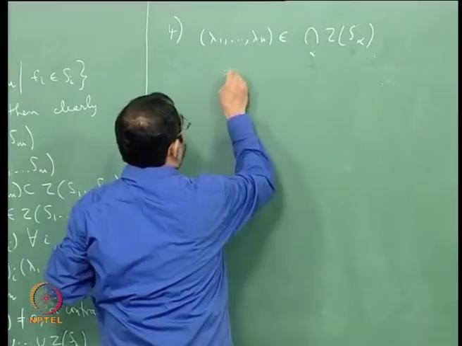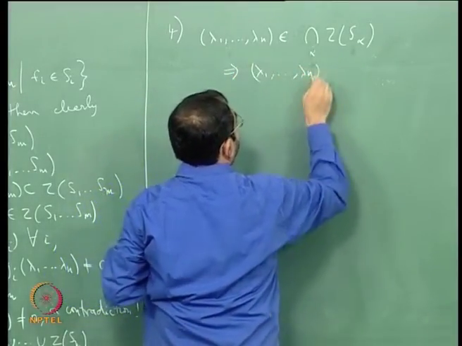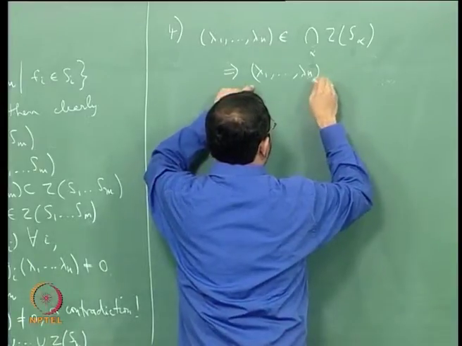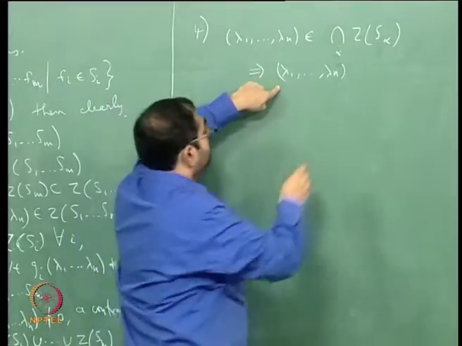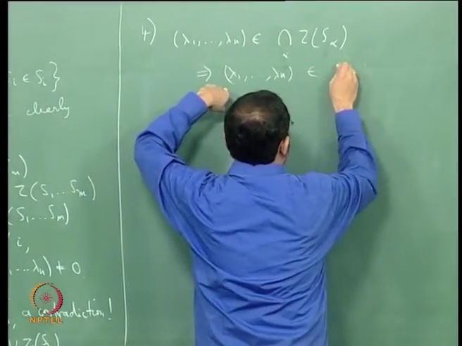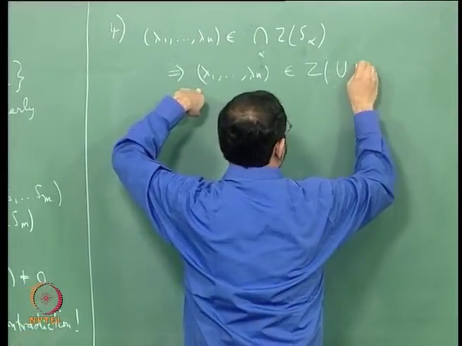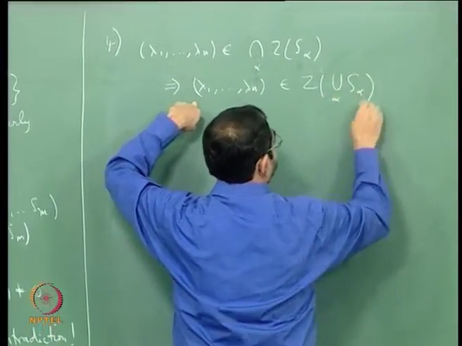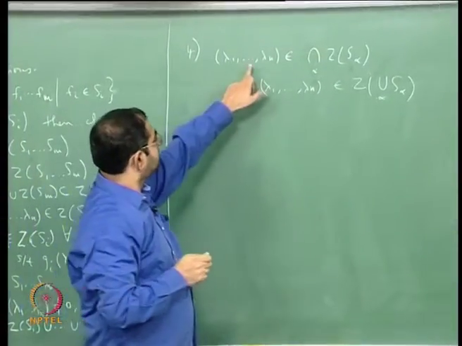So this point will also be a 0 for the set of polynomials gotten by simply taking the union of all the S alphas. This is obvious. What does the top line mean?